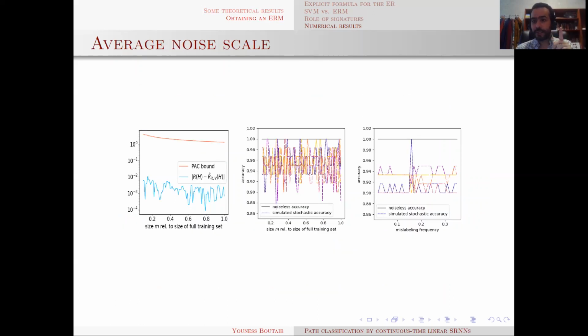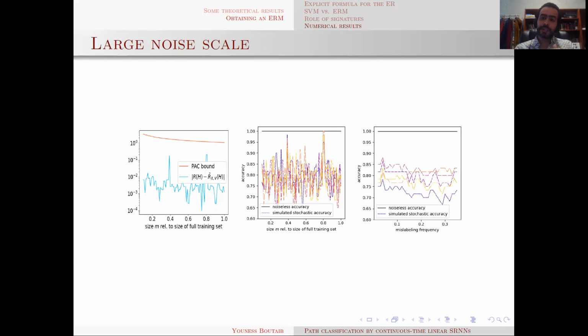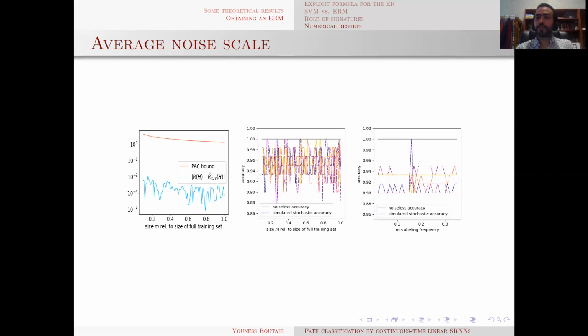However, when we have noise that is not negligible, then we notice that the accuracy stays within a certain band. And sometimes what you notice is that the accuracy might even improve. This is due to the fact that we already trained our recurrent neural network using noise. And this is one illustration of the trade-off phenomena between the accuracy and robustness of machine learning algorithms in general.